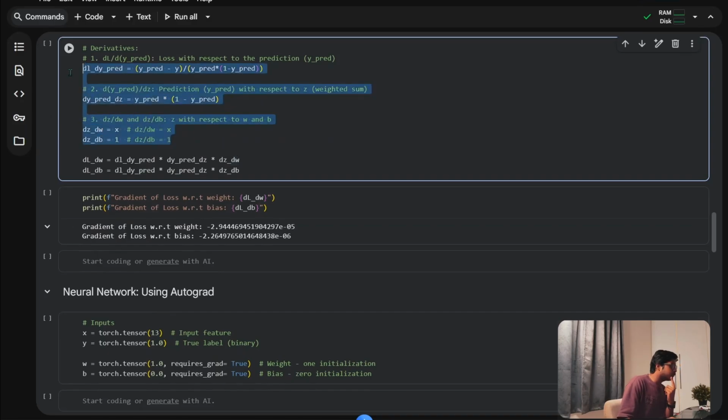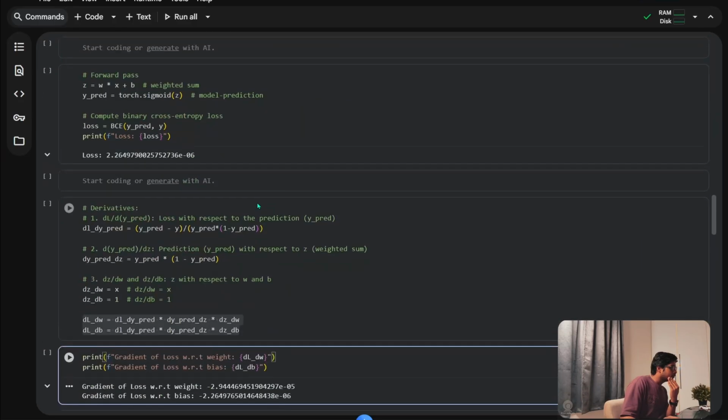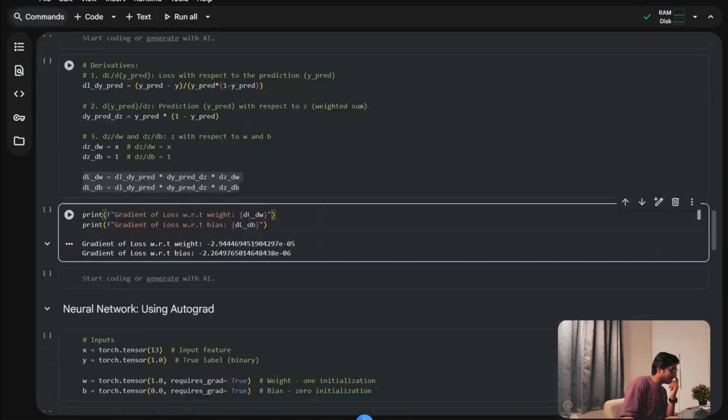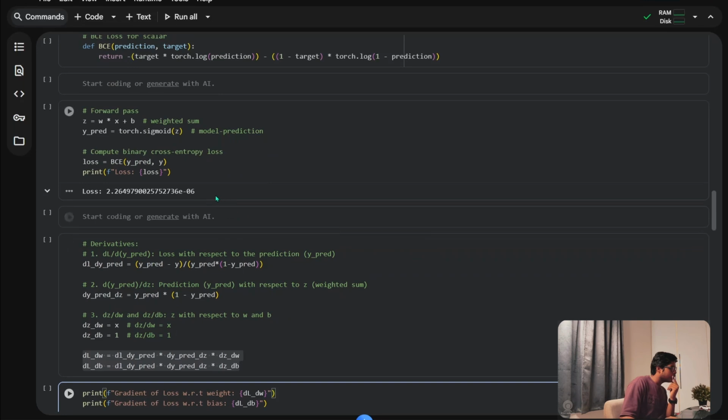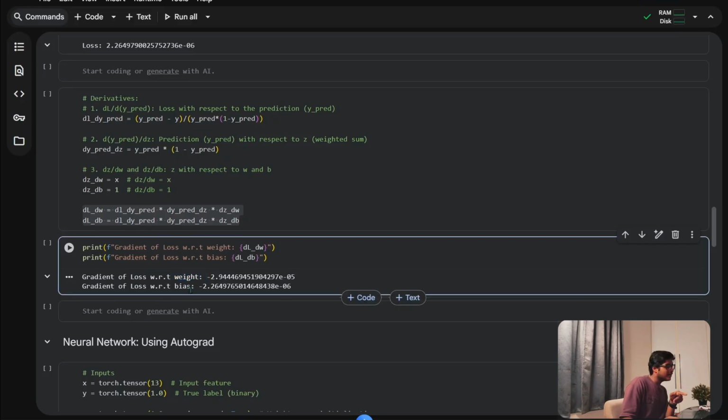So here are our 4 gradients that we calculated, and here is my derivative of loss with respect to weight and derivative of loss with respect to bias. So we calculate this, and here I am printing it. So this was my loss, and these are my gradient of loss with respect to weight, which is this, and this is my derivative of loss with respect to bias, which is this.